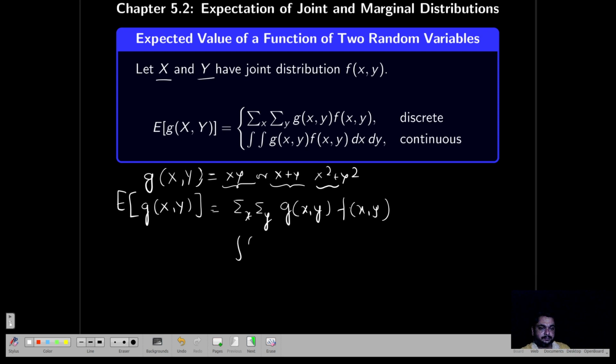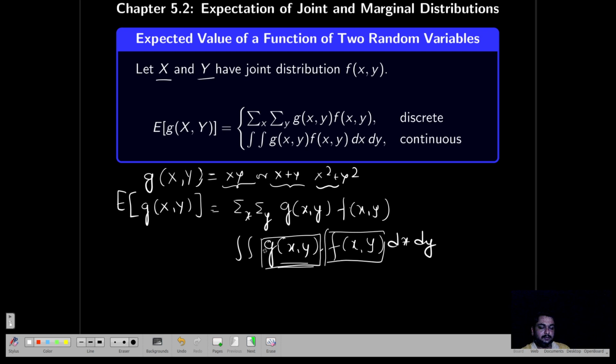Similarly, for your continuous case, g of x comma y into the joint density function in the integration. This is how you will find the value. The definition is the same as your joint distribution. Only thing is, since you are finding the expectation, you have to multiply that function of the variables. So there are two variables here, and it is given as a function. You will multiply this with your joint density function, and you will get your expected value.